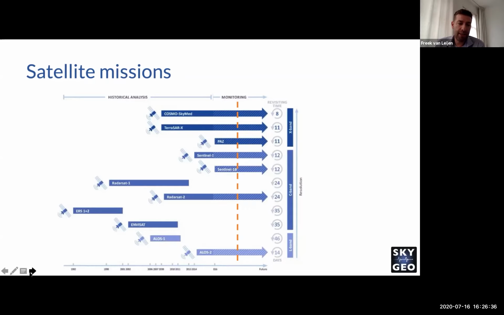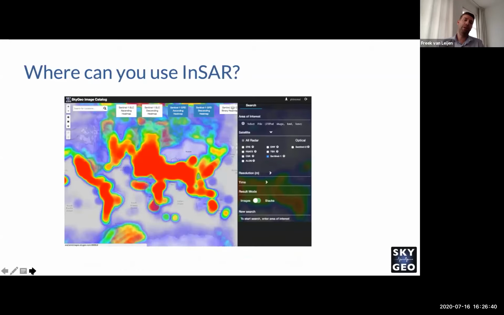And what is nice, because these satellites are orbiting around the Earth, basically, is that we are capturing data all over the world. Here you see an example of available data of the Sentinel satellites. And this is a heat map of the number of available data sets.